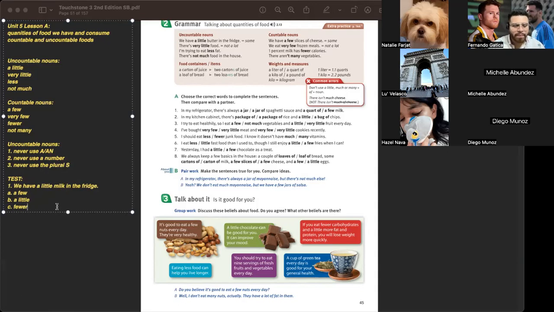All right. Another one. Two. I eat la butter than I used to. A, less, B, fewer, or C, lesser.